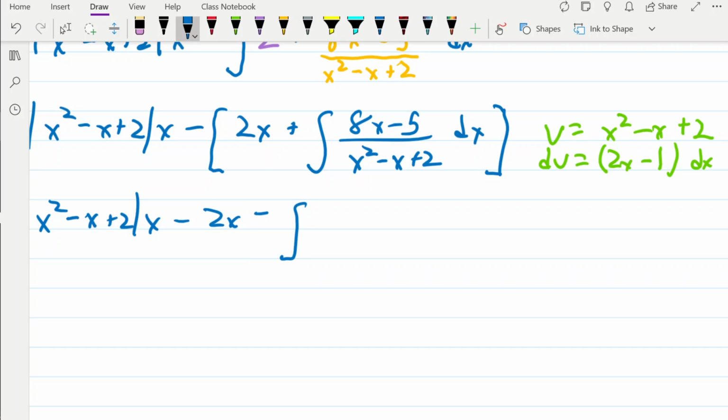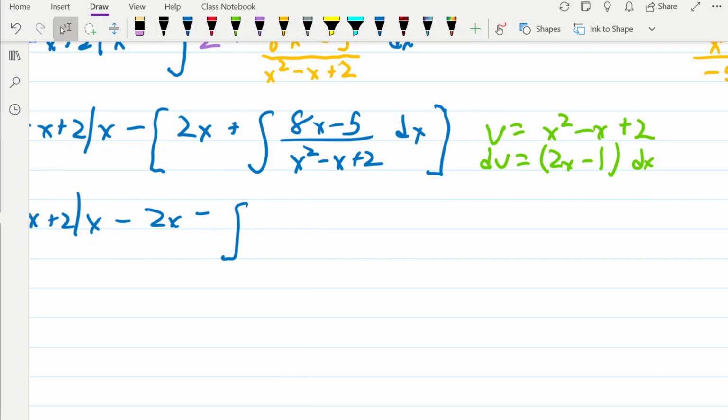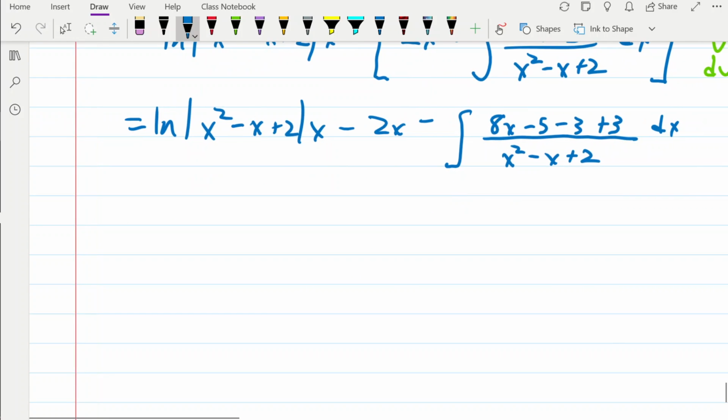How can I get x minus 1 up here? I guess I could complete the, well, not really complete the square, but create a plus and then a minus. So we can have 8x minus 5 minus 3 plus 3 over x squared minus x plus 2 dx, which then can be rewritten.